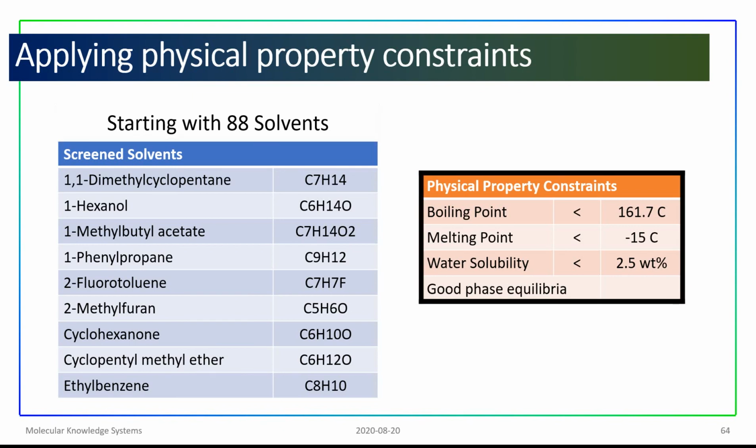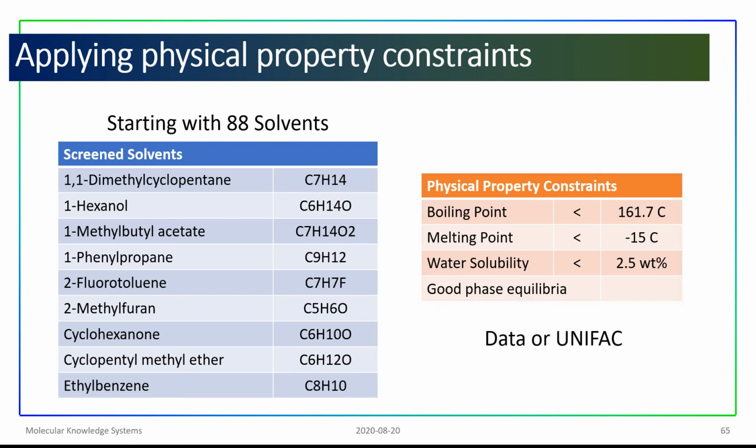At this point, we can apply our good phase equilibrium constraint, or in our case, we can just generate liquid-liquid equilibrium diagrams for each candidate solvent and select those that look promising. We can then continue to screen by generating vapor-liquid equilibrium diagrams for the most promising candidates. This screening process for good phase equilibrium behavior can be done by examining actual data, if we are very lucky, but is typically done using estimation techniques such as UNIFAC.